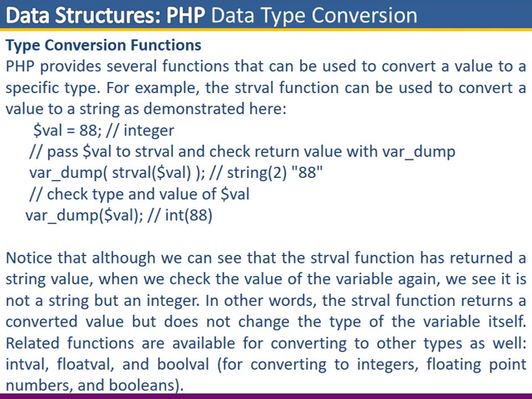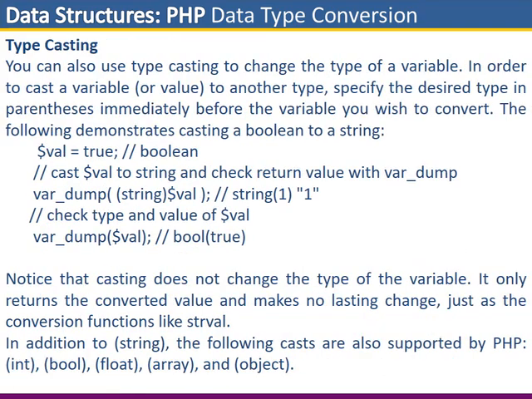Related functions are available for converting to other types, where we have intval, floatval, and boolval, for converting to integer, floating point number, and boolean. So we have typecasting.